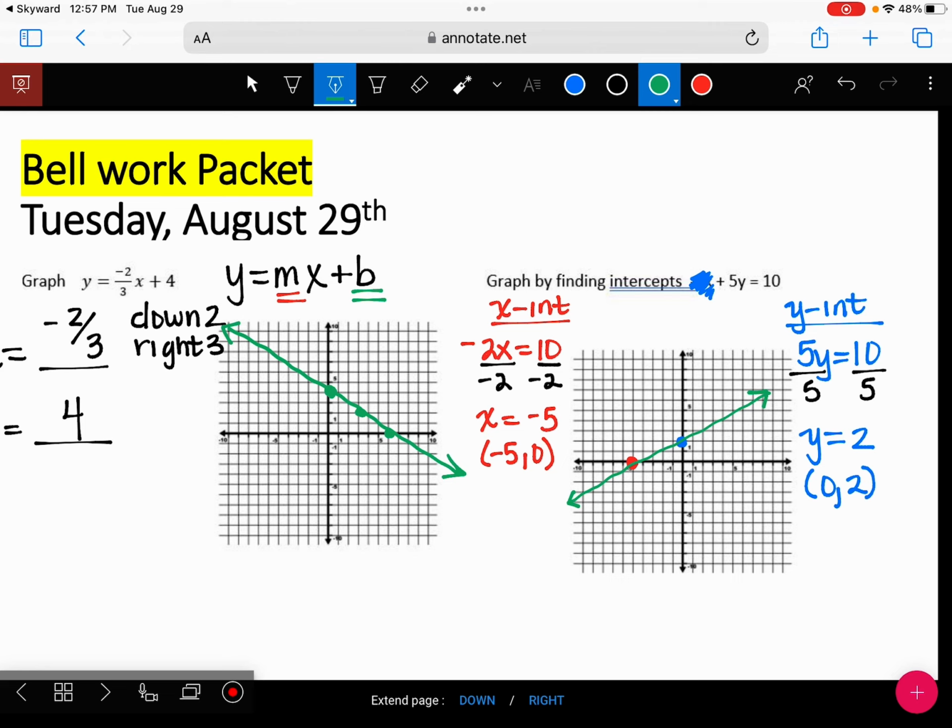All right, go to page 13 in your note packet. I think we already did page 13.